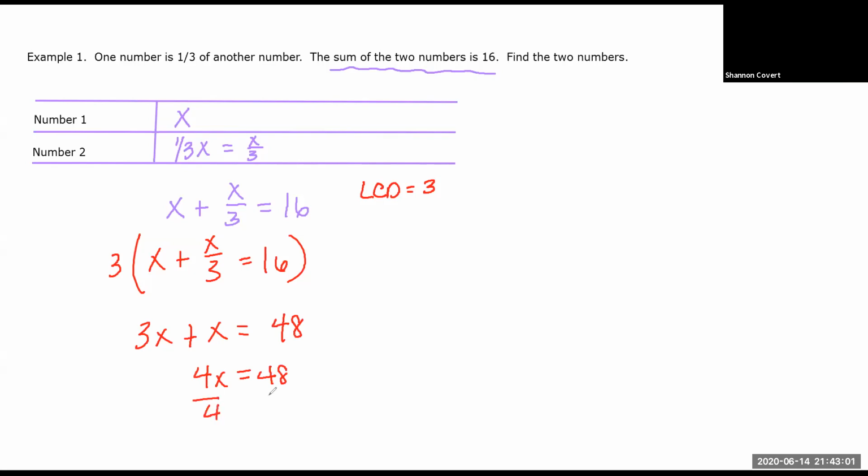Divide both sides by 4. X equals 12. Coming back up here in my table, number 1 is x. That's the number 12. Number 2 is 12 over 3, which is 4. So my two numbers are 4 and 12.